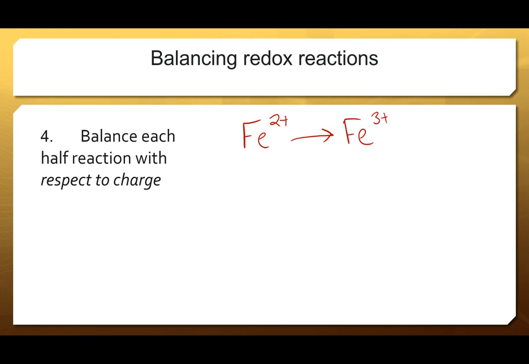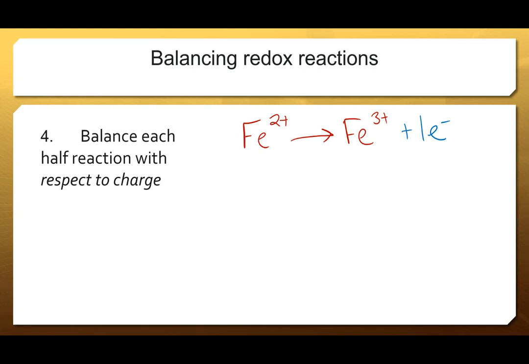So we've already established that this is our oxidation. So lose electrons, oxidized. So losing electrons is kind of the same thing as saying that 1 electron is being produced. It's just floating away.